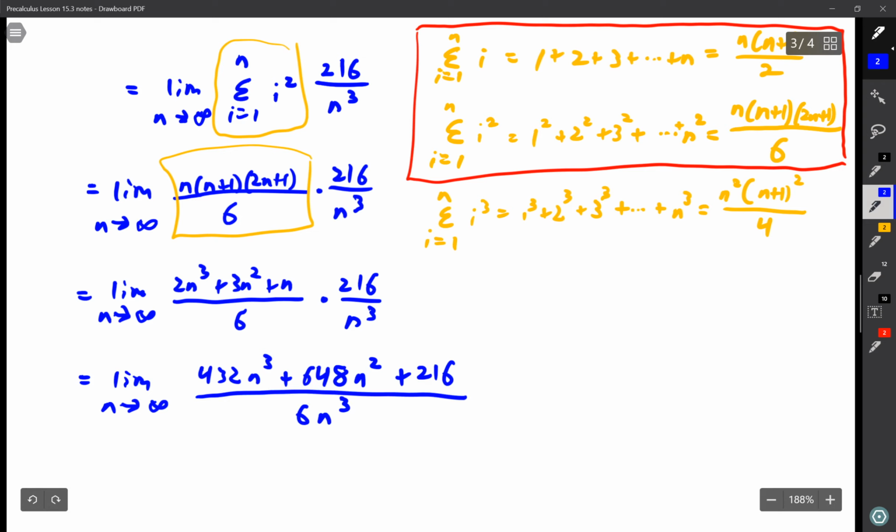Now you might recall from evaluating limits, if you have a polynomial on top and a polynomial on bottom, and the highest power on top matches the highest power on bottom, then the n cubes end up canceling, and this whole term goes to 0, this whole term goes to 0, and what you're left with is this whole limit equals 432 sixths.